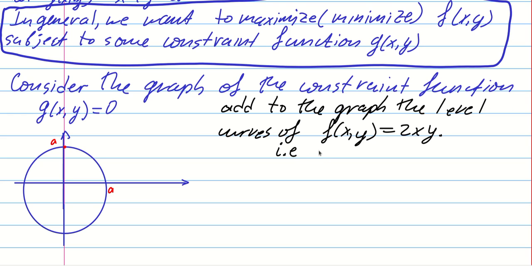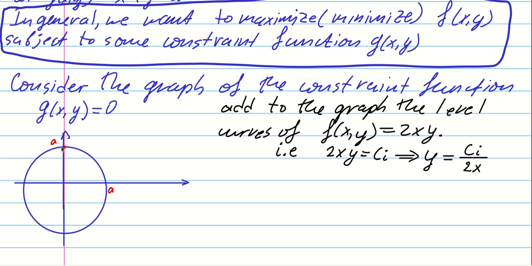We're going to take some values for z, let's call them c sub i, and set f equal to these different values of z. If you solve for y, you get y equals c sub i divided by 2x. So we'll have these hyperbolas going through the graph.